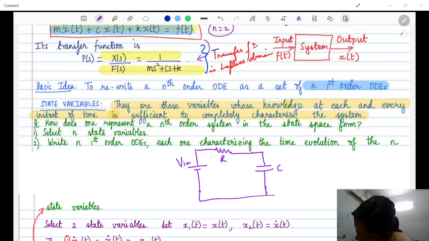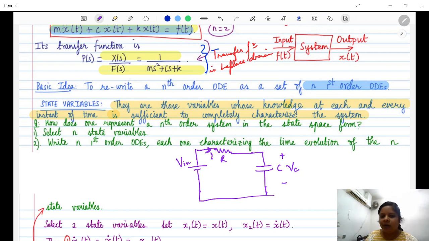So the current here, let's call it I, and the voltage across this capacitor, which is VC, are the only unknown terms in the system.